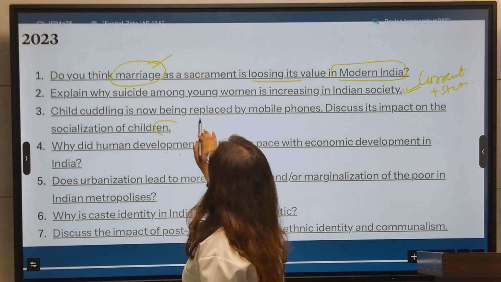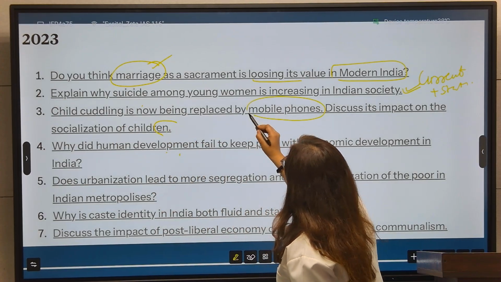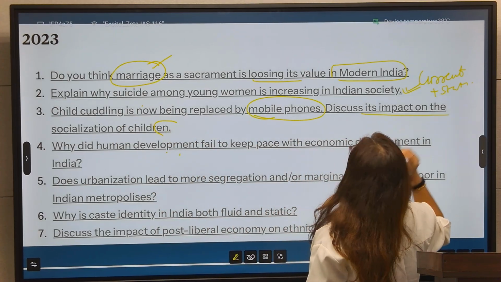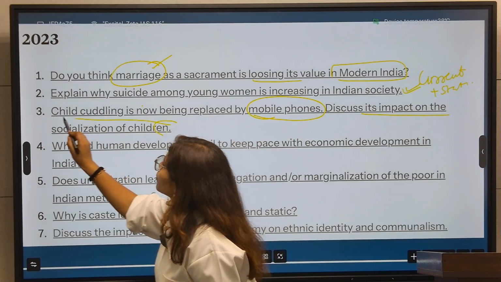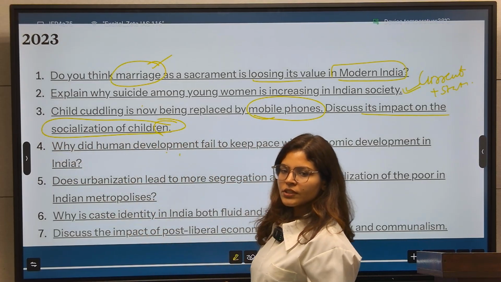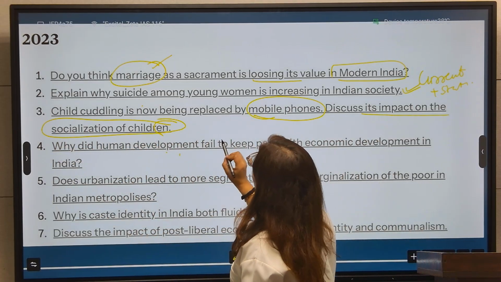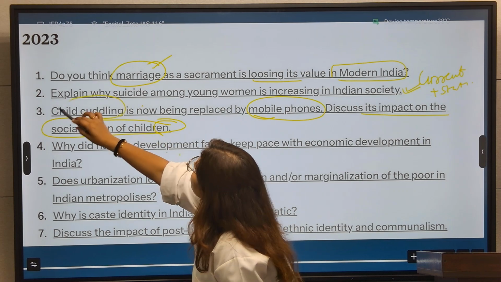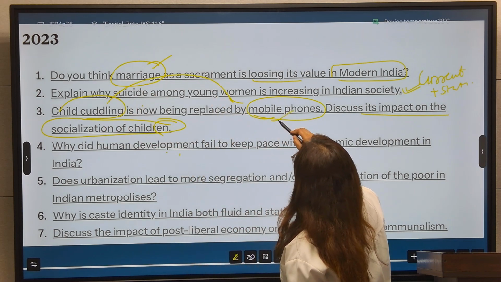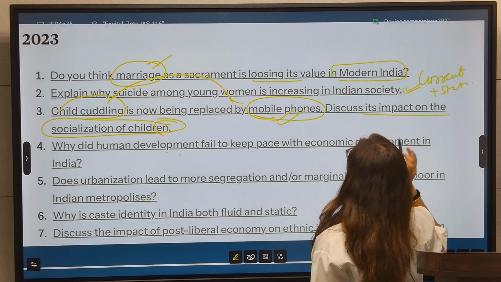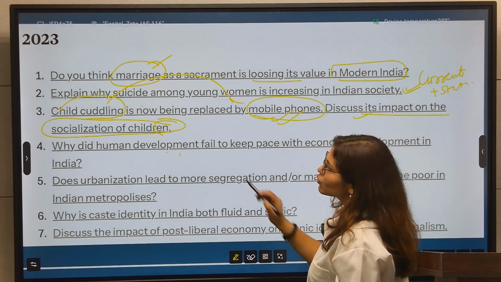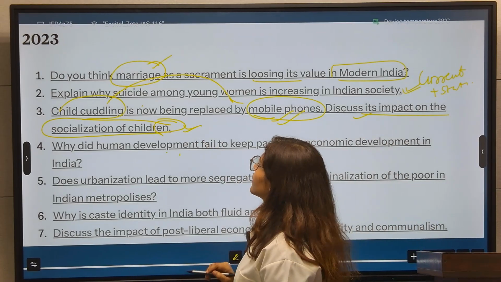Child cuddling is now being replaced by mobile phones. Discuss its impact on the socialization of children.